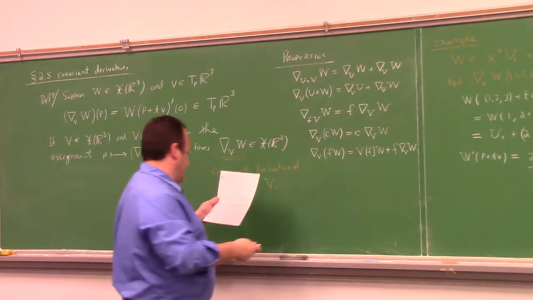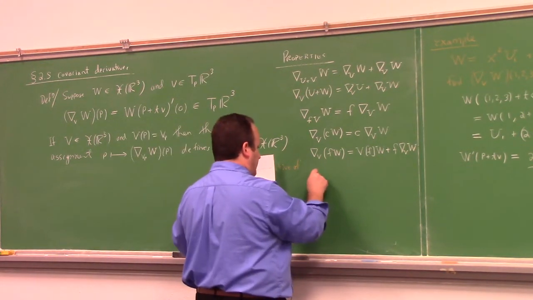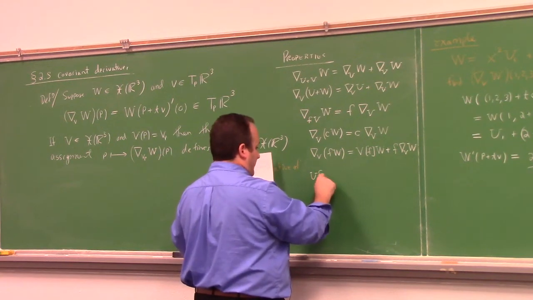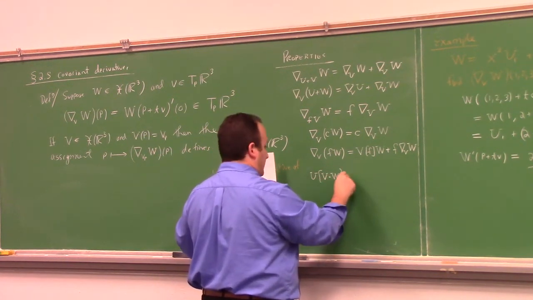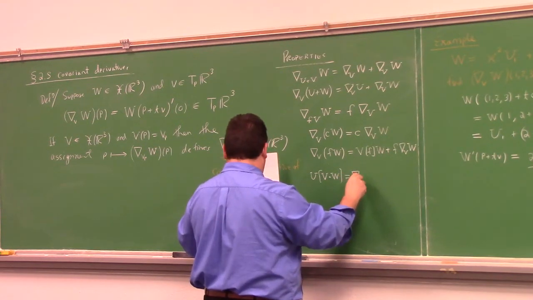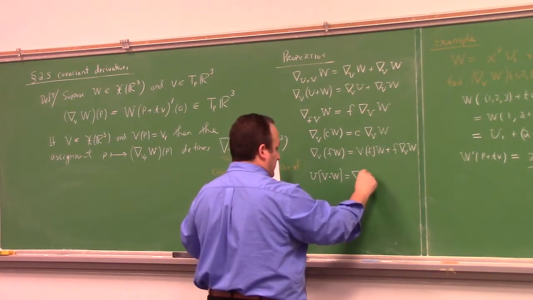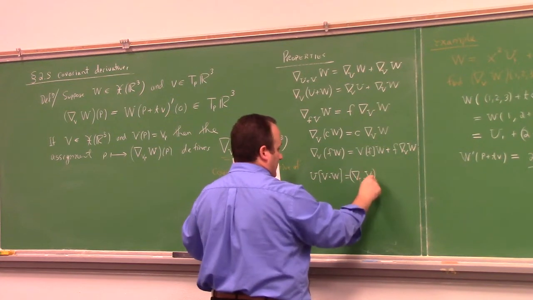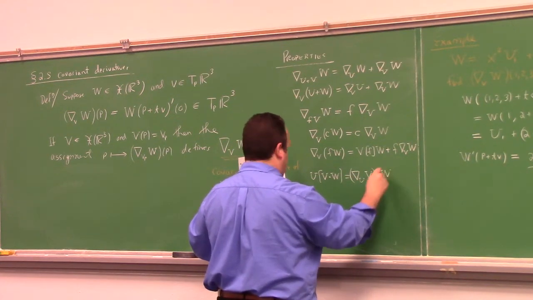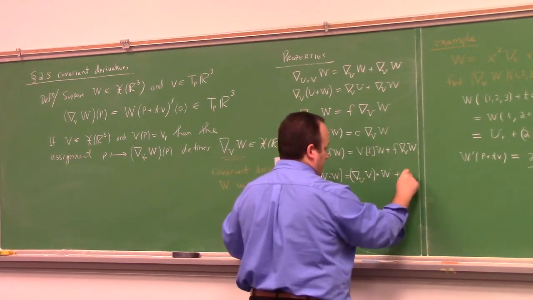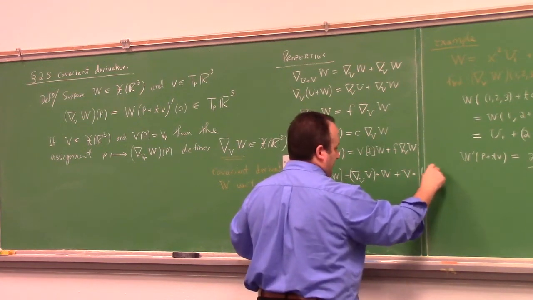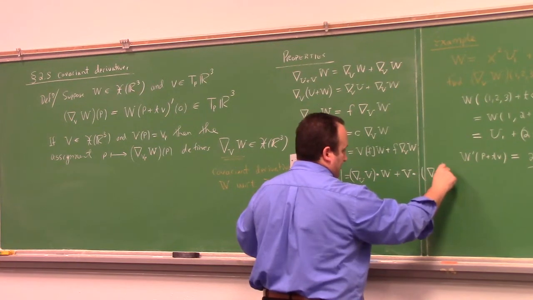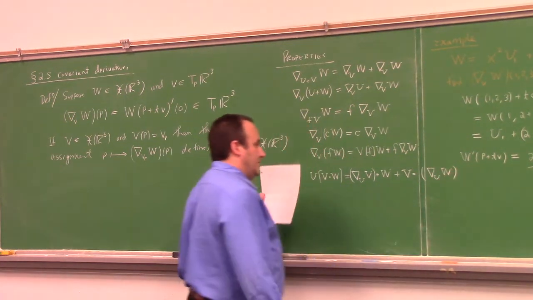And then 6, if we have u acting on the dot product of v and w, that is equal to the covariant derivative of v with respect to u, dot product with w, plus v dot product with the covariant derivative of w with respect to u. Like that.